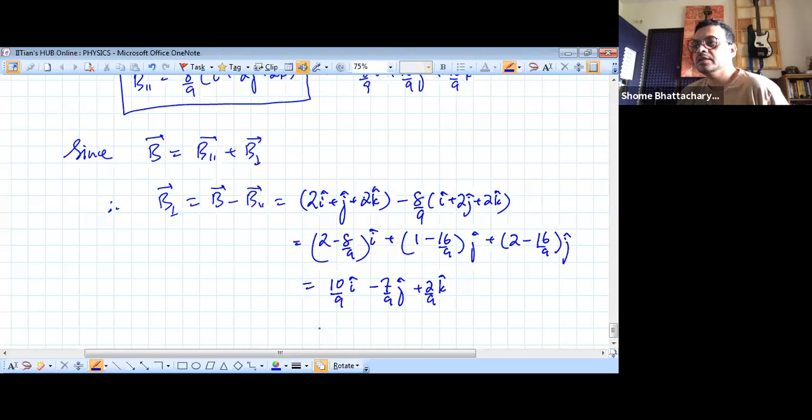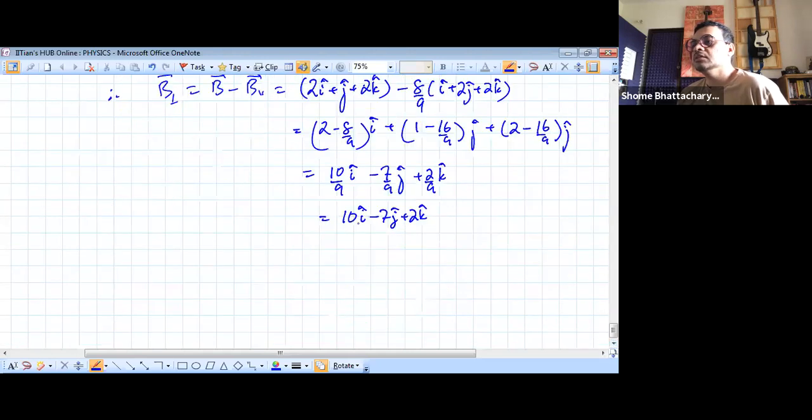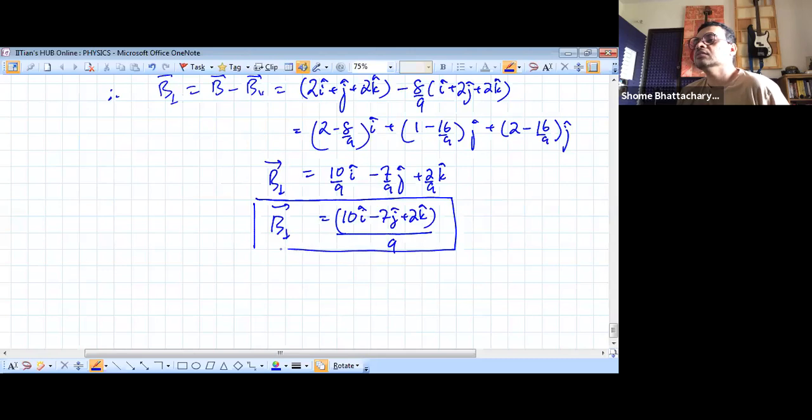Okay, so we can write this as 10 i cap minus 7 j cap plus 2 k cap, the whole thing divided by 9 also. Okay, so whichever we write it as, it's fine. So B perpendicular becomes this vector.